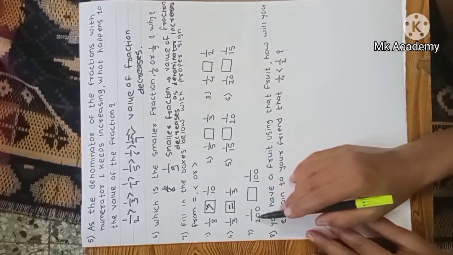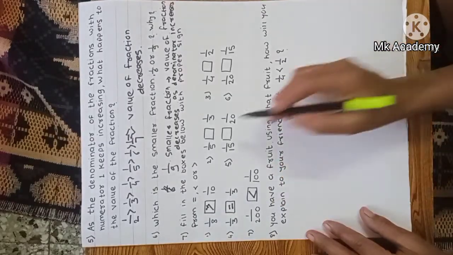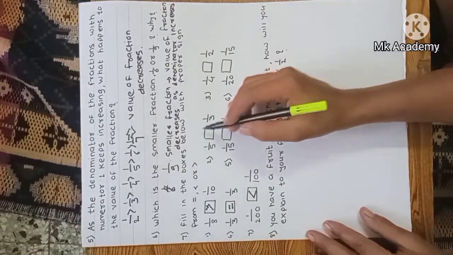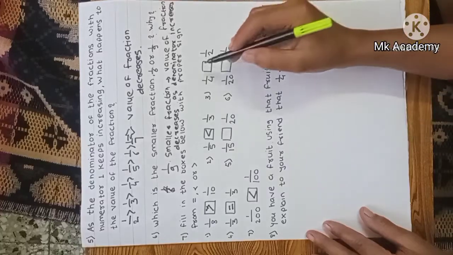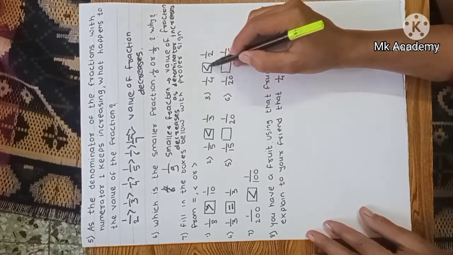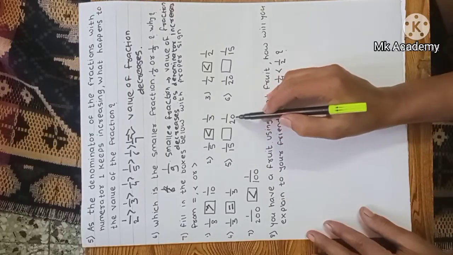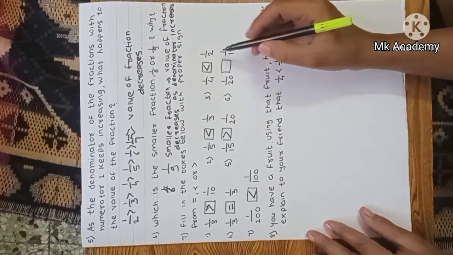Next 1/200, 1/100. 1/5 or 1/3, 1/4 or 1/2, 1/15 or 1/20, 1/20 or 1/15.